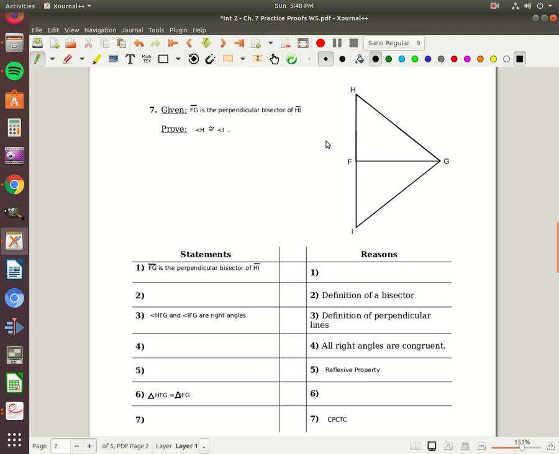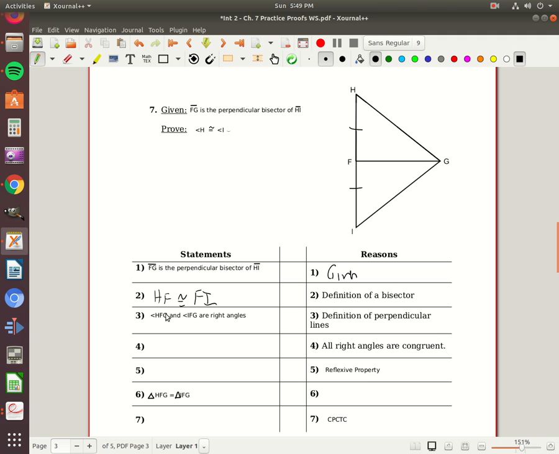So FG is the perpendicular bisector of HI. We will say that is given. And now we know something got bisected. So FG bisected HI, so I think I can say HF is congruent to FI. That's the definition of a bisector.